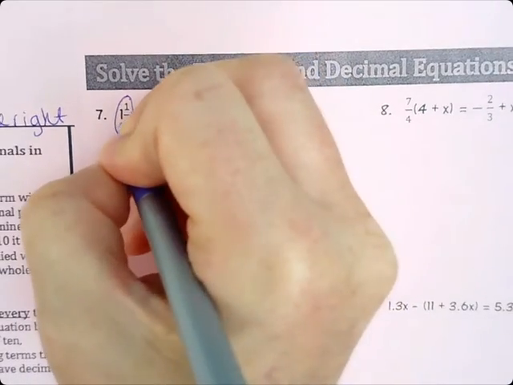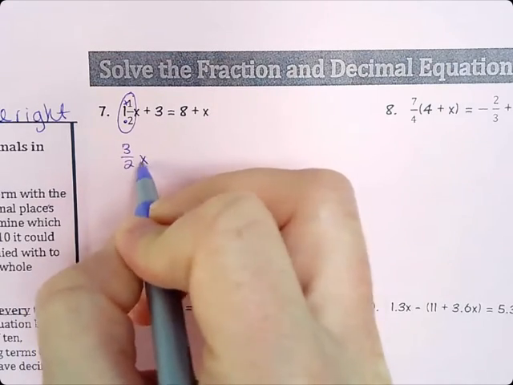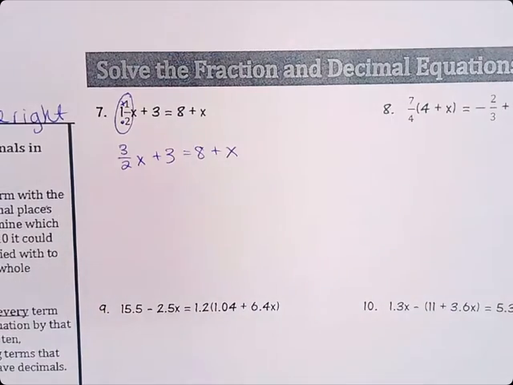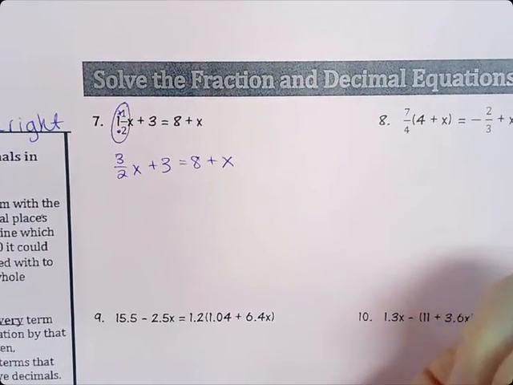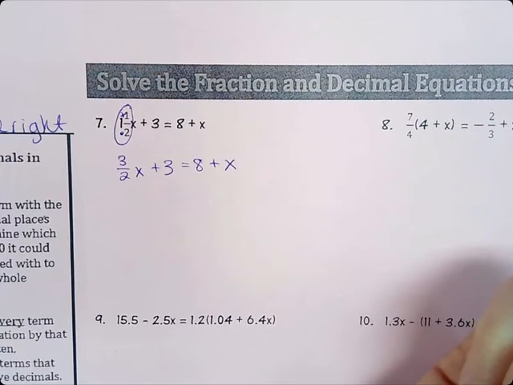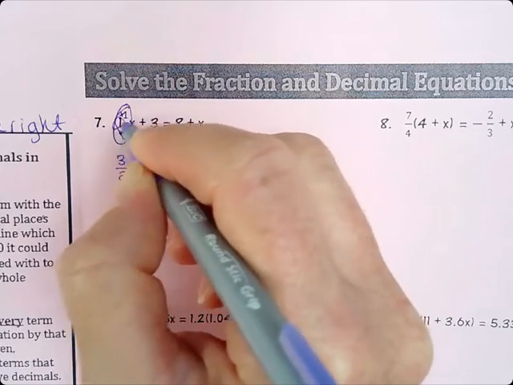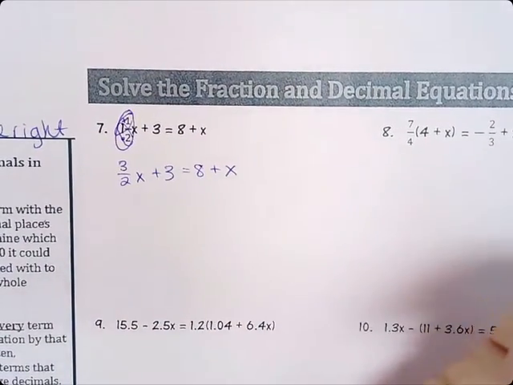Yeah, 2 times 1 and then plus the numerator. So that'd be 3 over 2x plus 3 equals 8 plus x. So it's where you multiply the denominator and the whole number and then add the numerator.